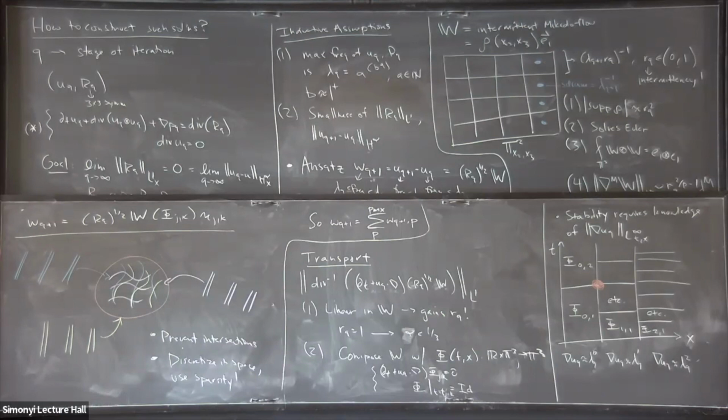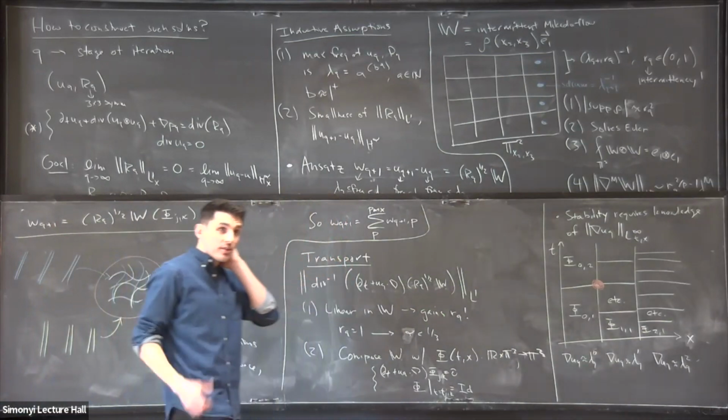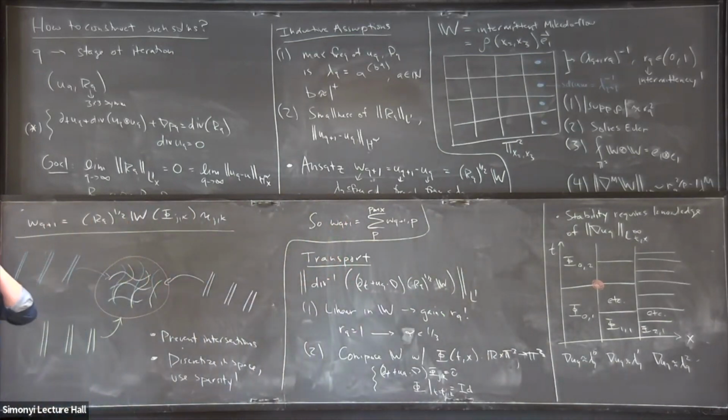Questions? How much viscosity could you potentially add? So the problem is that these W's don't solve Navier-Stokes. And so the Laplacian has to get treated as an error term.